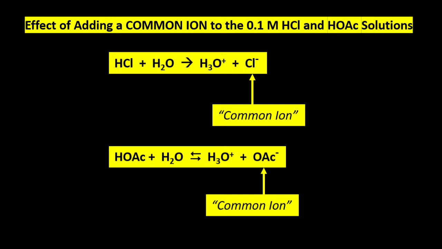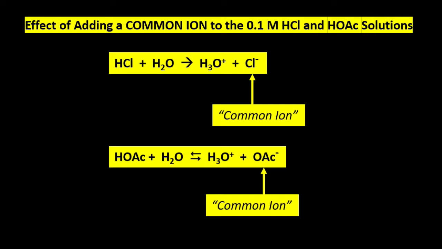When we add this ion, we want to know, does that have an effect on the pH? Similarly, for the weak acid equilibrium of HOAc below it, the common ion to HOAc is acetate, OAc-. So we will see what happens when we add acetate ion to a solution of acetic acid. Does that affect the pH?